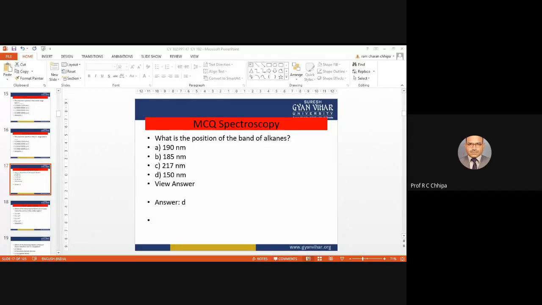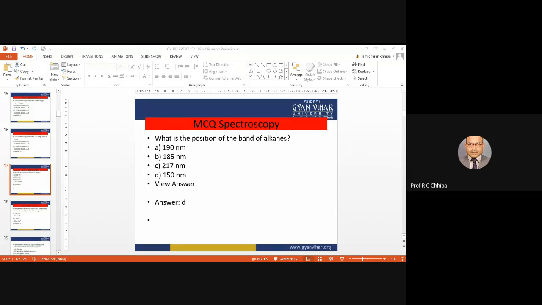In ultraviolet, the electronic transition, electrons are moved from the ground state to the excited state. Molecular orbital theory gives information about the bonding, anti-bonding, and in between, the non-bonding. So these are simple things.